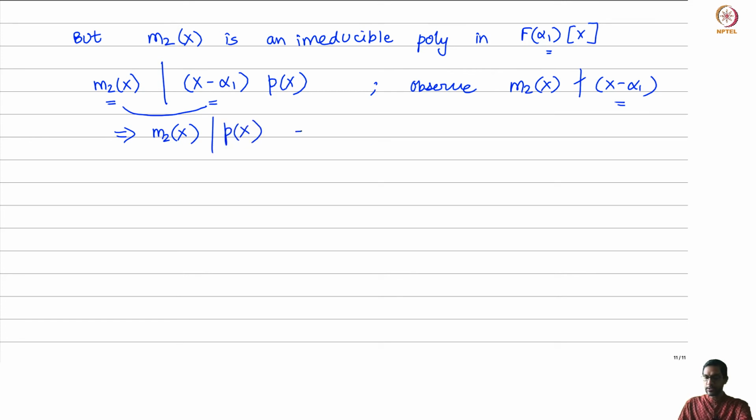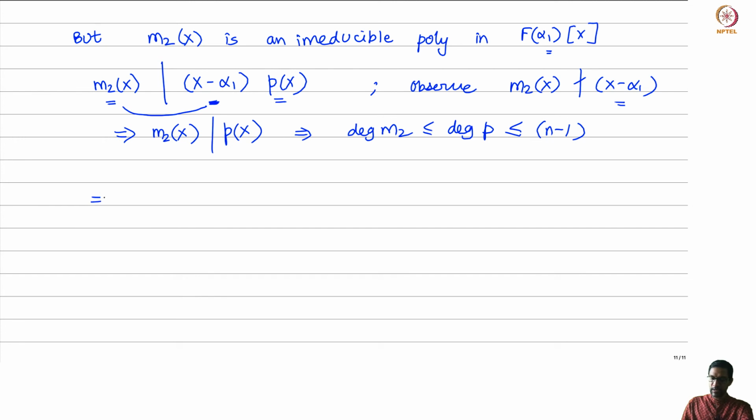Okay. So what does that mean? That means that the degree of M2 is at most the degree of p, and the degree of p is at most n minus 1, because the factor x minus alpha 1 has already been pulled out of f. What's remaining is of degree at most n minus 1.